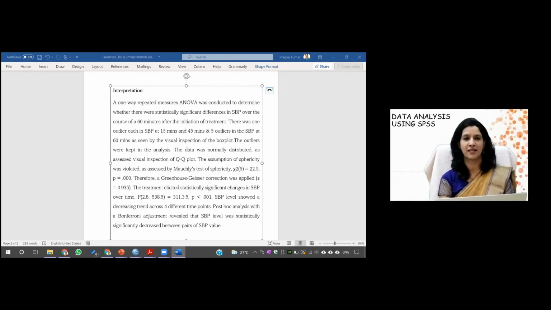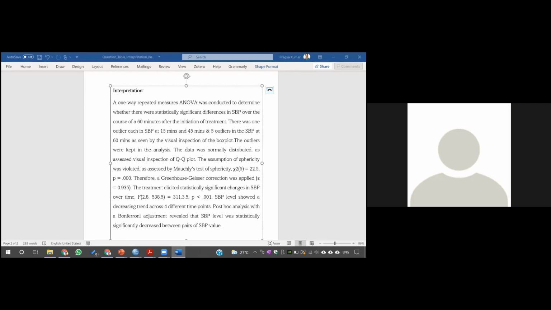One-way repeated measures ANOVA was conducted to determine whether there were statistically significant differences in systolic blood pressure over the course of 60 minutes after the initiation of the treatment.